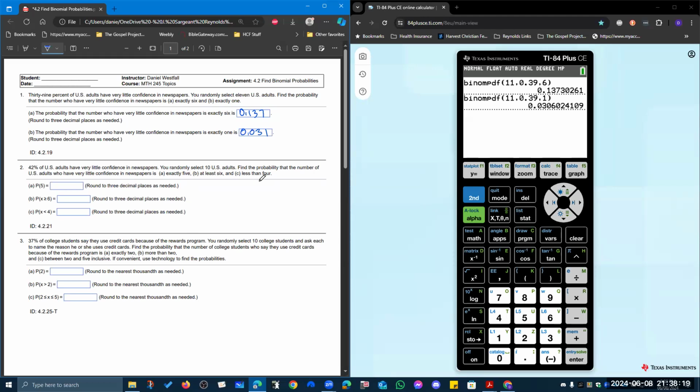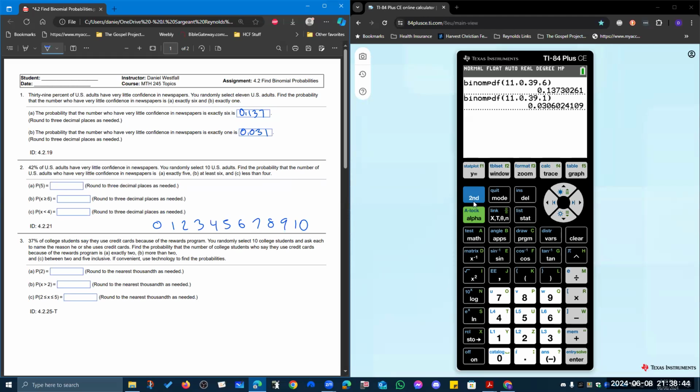Then we'll be doing some CDF stuff for the second one. Let me go ahead and list out the options of 0, 1, 2, 3, 4, 5, 6, 7, 8, 9, and 10 people that feel this way out of the 10 adults that we have that'll help us with the CDF situations in just a second.